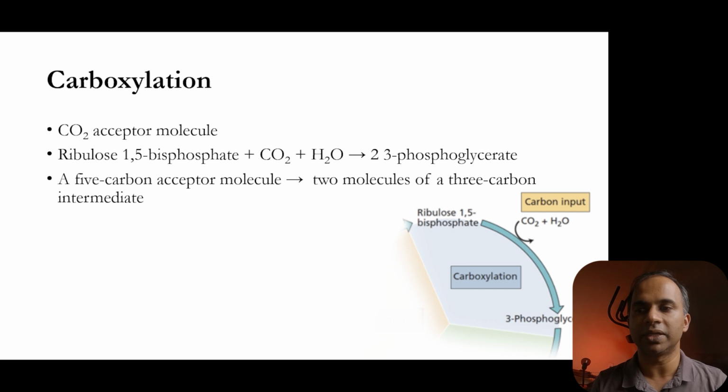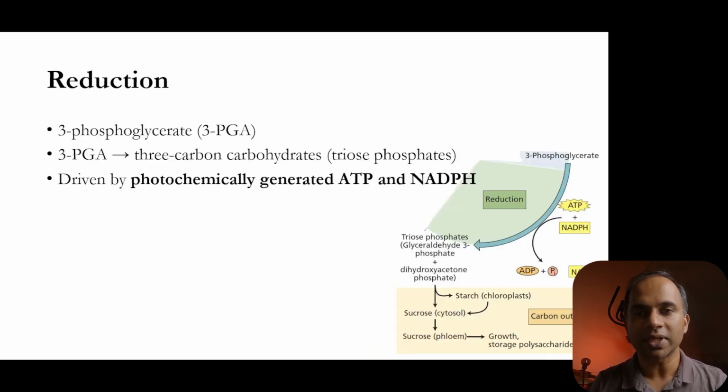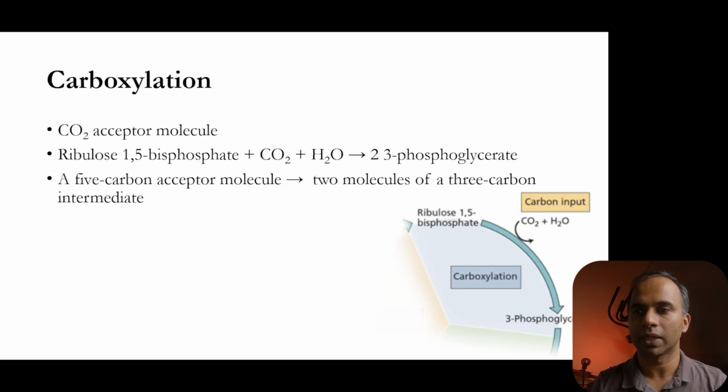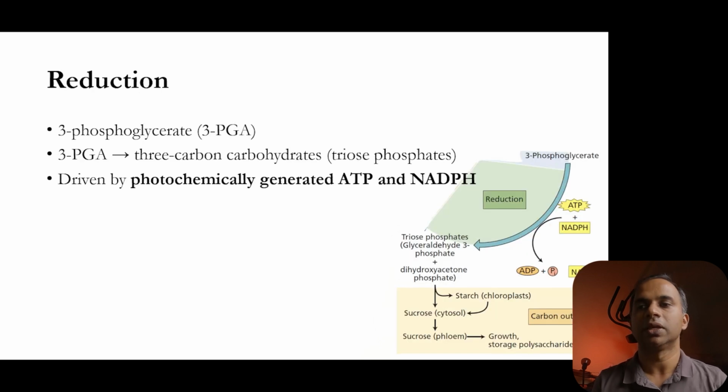So in simple terms, a 5-carbon acceptor molecule is going to create 2 molecules of 3-carbon intermediate during this process, and this process is driven by our carbon input.